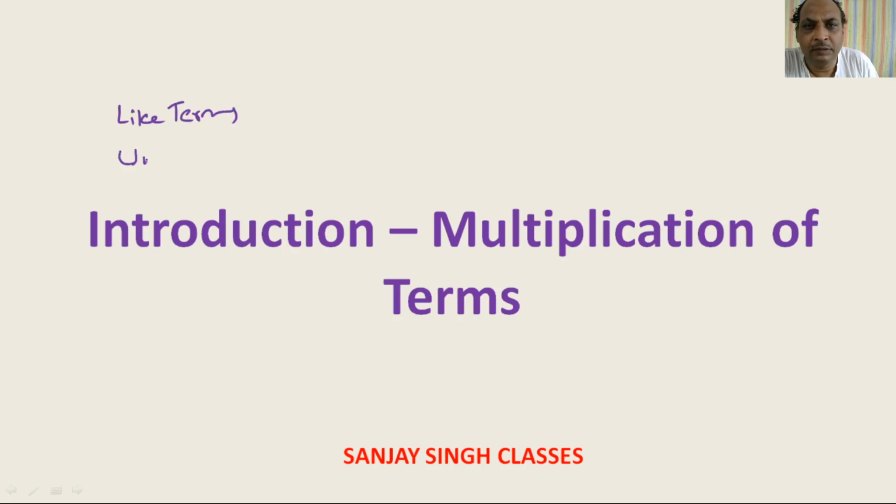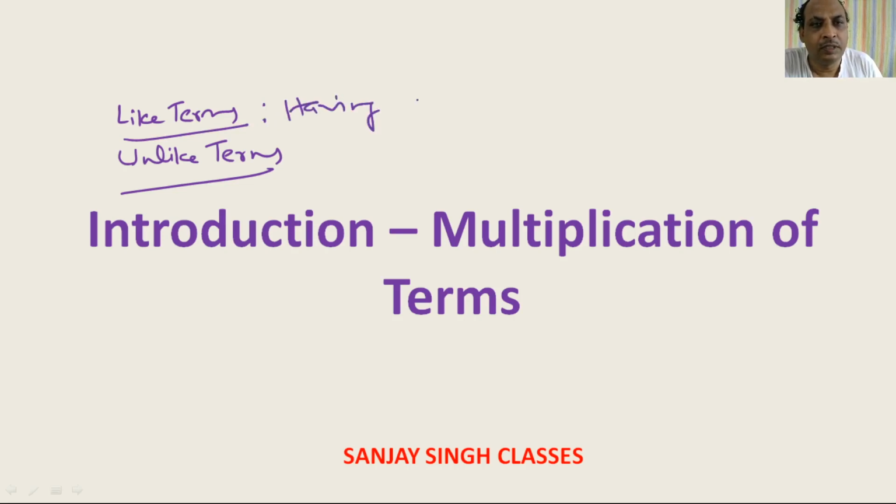Like terms, unlike terms. So like terms were those having the same variable. It may be a set of variables, it may be a single variable. Okay, having the same variable, single or multiple.